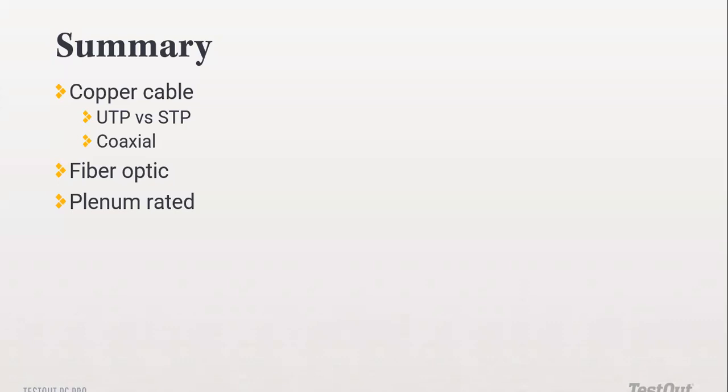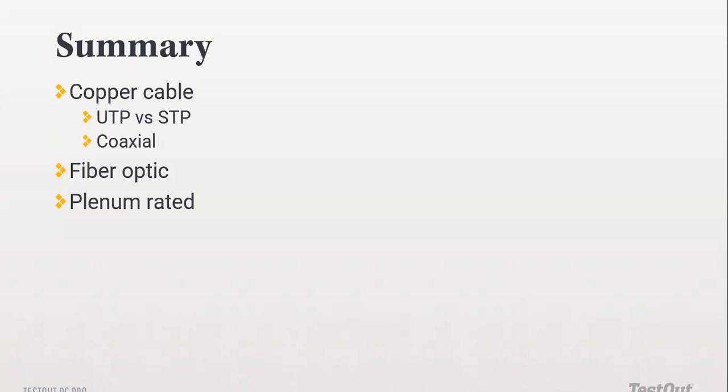Last but not the least, we are talking right now about plenum rated. If you see the word plenum, you might be really wondering what it is, so I'm going to break it down for you in order to not waste much of our time. We are already around the end of this session, so I'm going to tell you what the plenum rated cable is before we come to the end of this session.